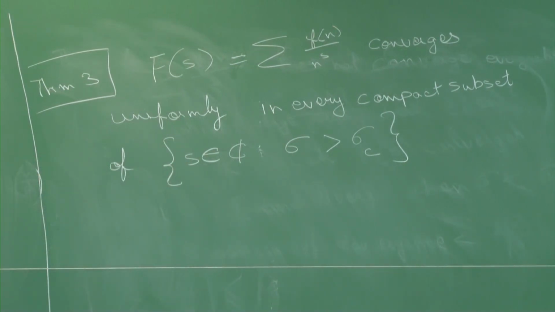So what we want to show is that this series, in fact, the convergence is not just a normal convergence, it is uniform in every compact subset in the half plane of convergence.